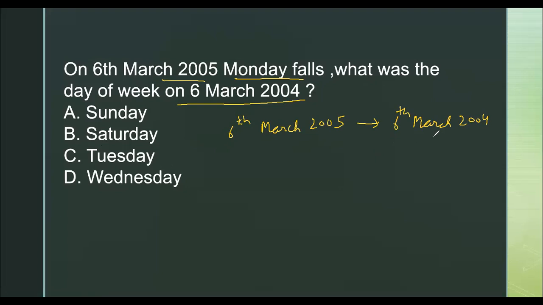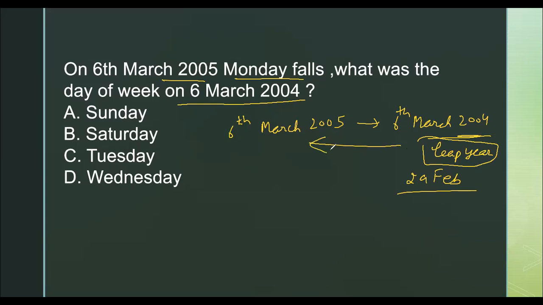So how will we do this? 6 March 2004 is a leap year, children. And when does any year become a leap year? Because of 29 Feb. So I will count the number of days.